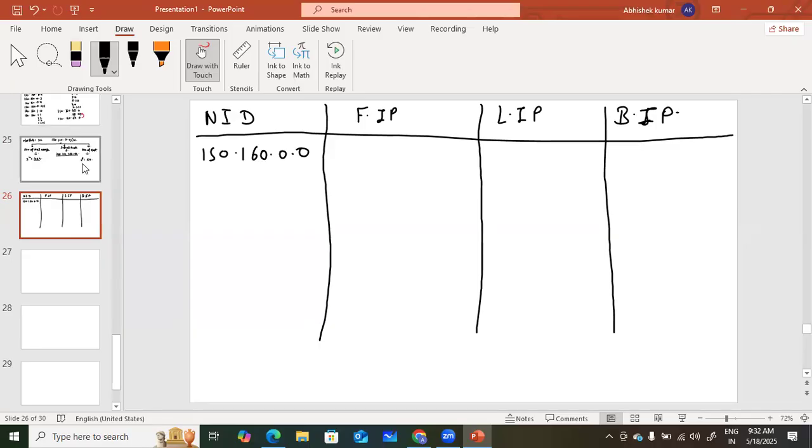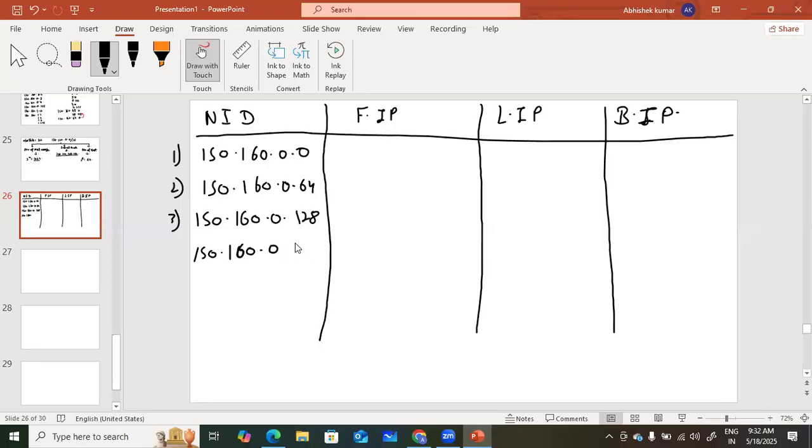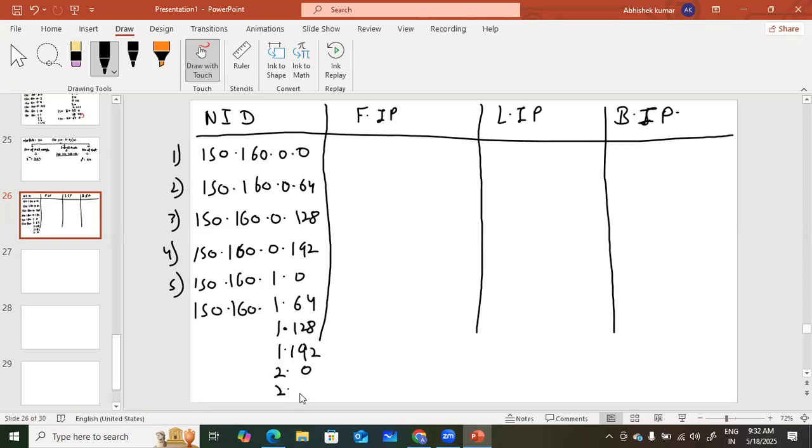Next would be 64, so 150.160.0.64, because this time we are performing the subnetting for the fourth octet. Then 150.160.0.128, 150.160.0.192, then 150.160.1.0, 1.64, 1.128, 1.192, 2.0, 2.64.